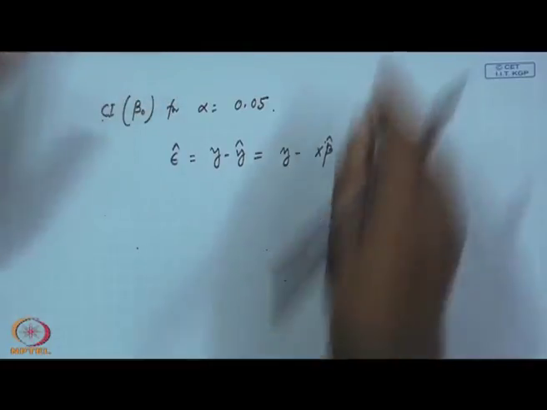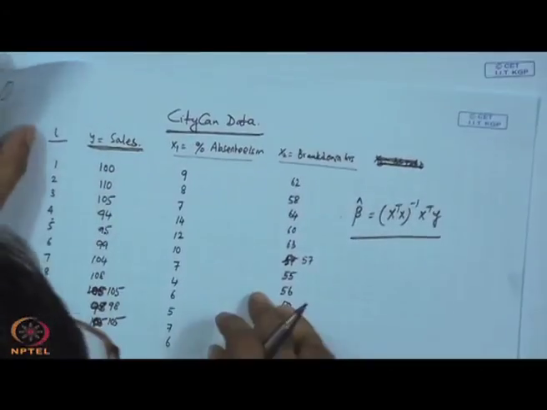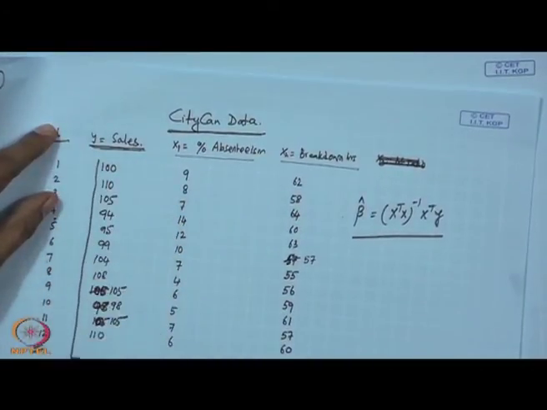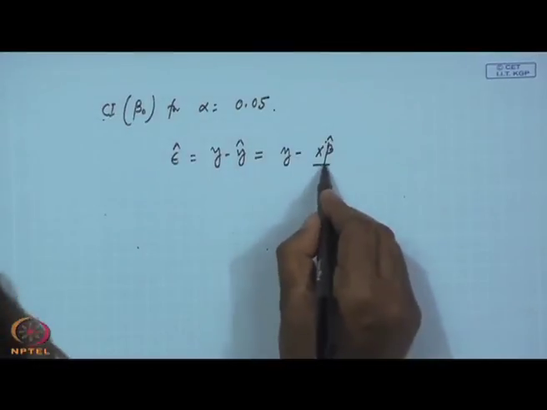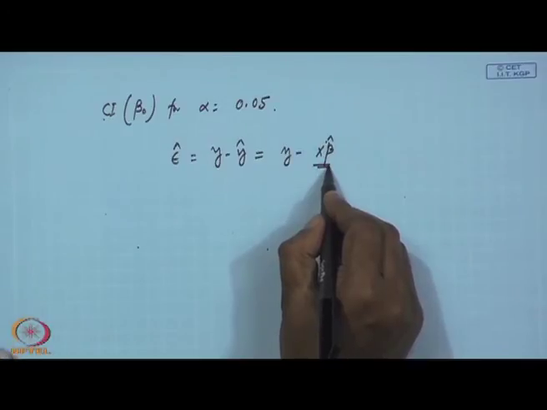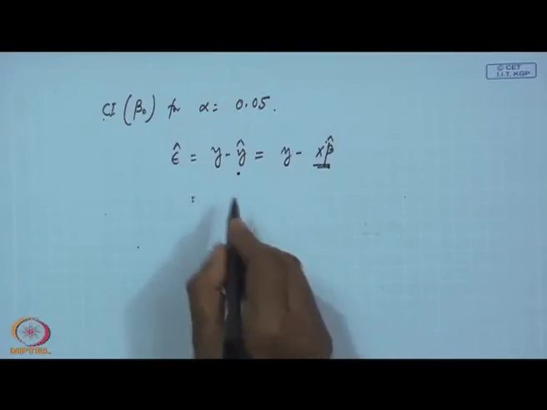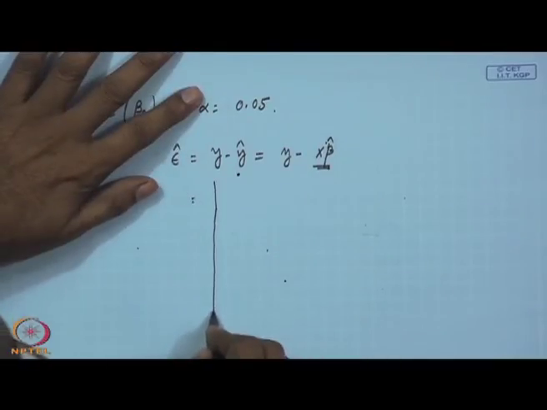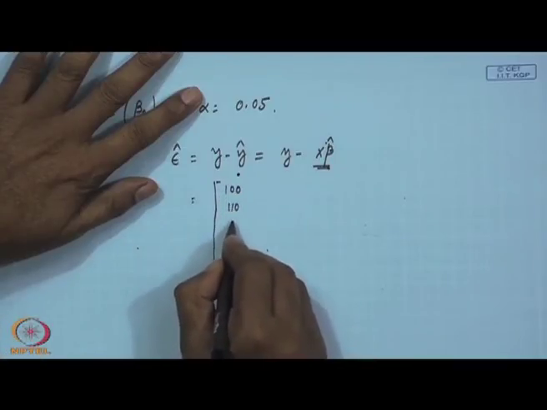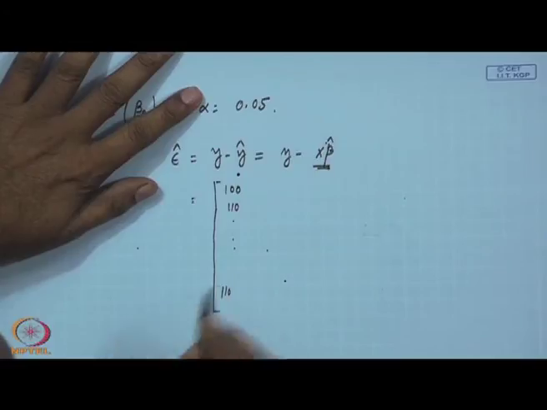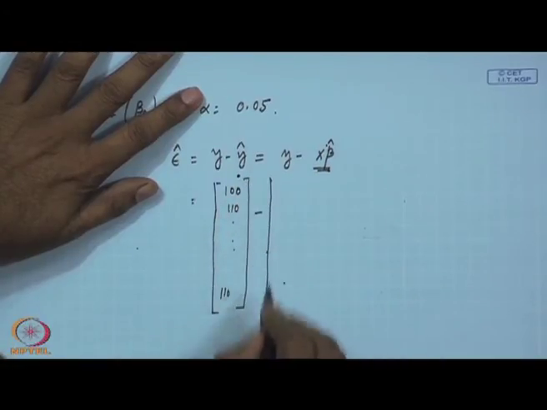Now, if you go to the original data, this is y. Using the formula X beta cap, you have to find y cap. Then, I am not writing all values, some values I am writing, finally 110. This value minus the X value you have to write.